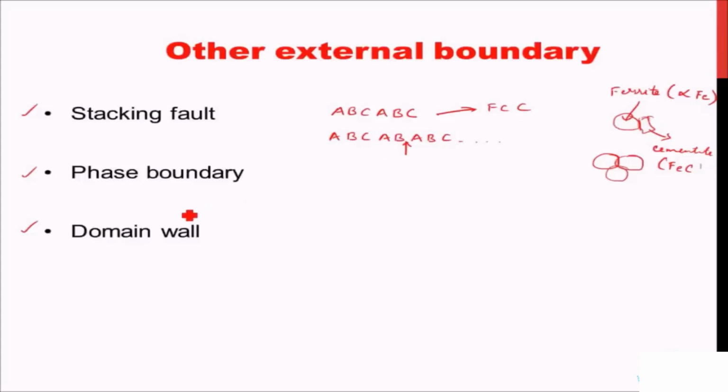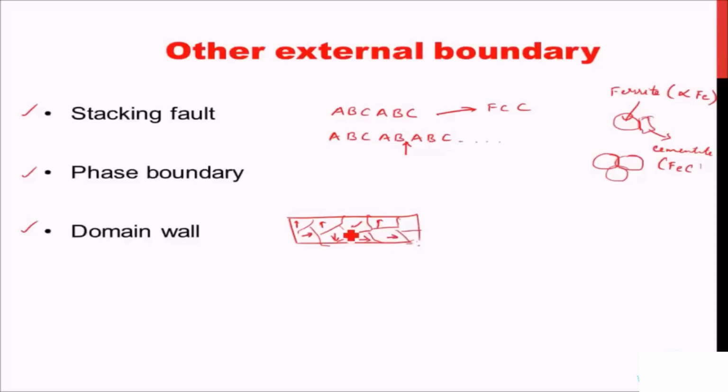Fine. Now what is a domain wall? A material can be magnetic, right? So let's assume that we have a magnetic material and there will be different regions in the material which will have effective magnetic orientations in different directions, right?